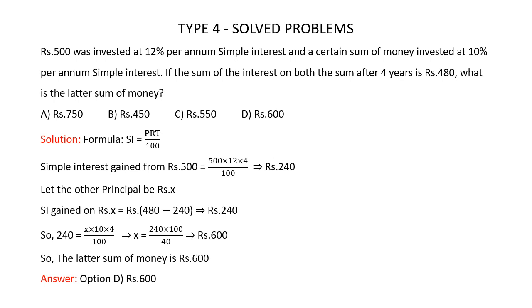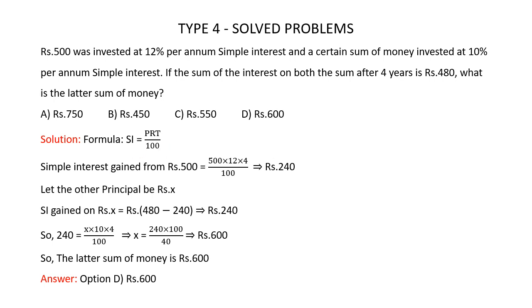Now we know that simple interest is equal to PRT divided by 100. Now in the first case, it's given that the principal is rupees 500, rate of interest is 12% per annum. Time is 4 years. So substituting these values in the formula here, we can find out the simple interest for the first case.